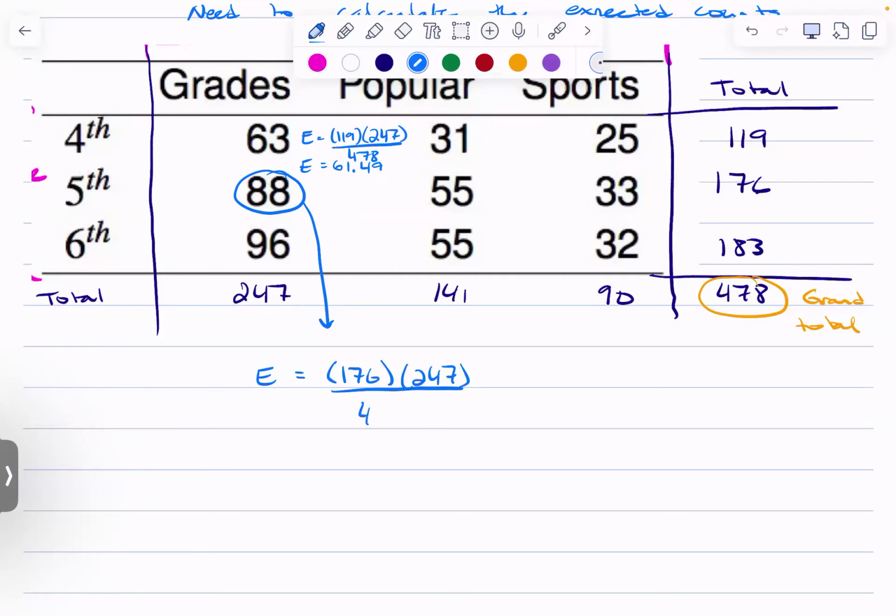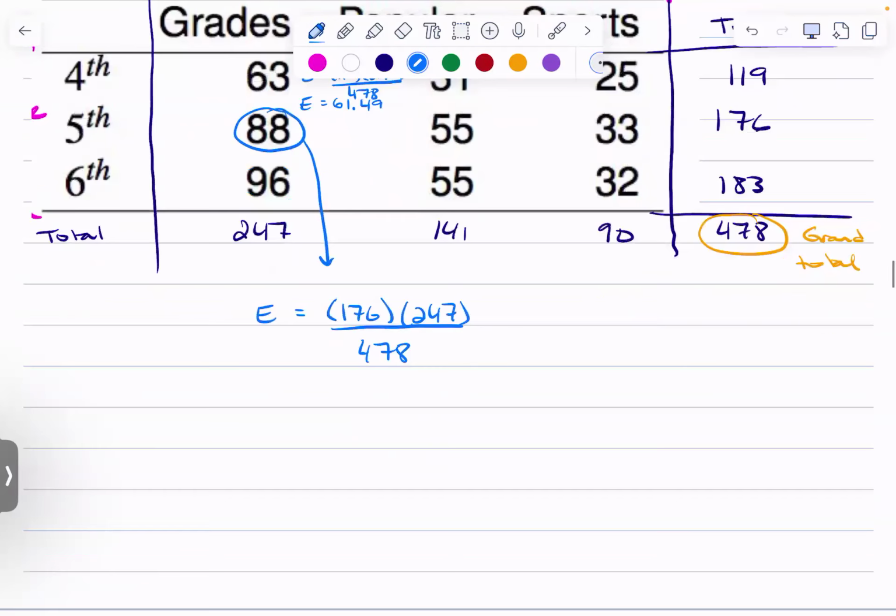And my grand total is still 478. Times 247 divided by 478. So the expected count for that cell, I'm expecting 90 point, let's say 95 rounding.